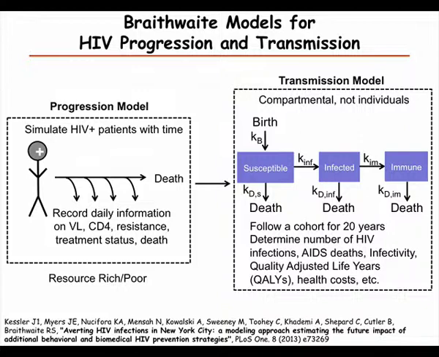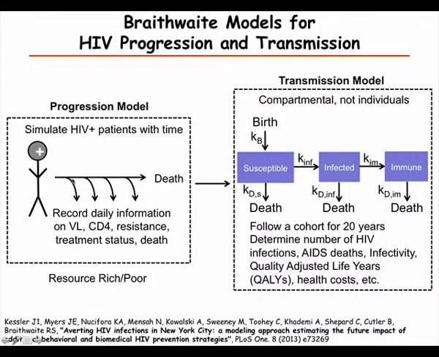So there are 2 models. The first one, the progression model, is an agent-based model where we simulate lots of individuals, depending on what their viral loads and CD4 counts, for example, are.